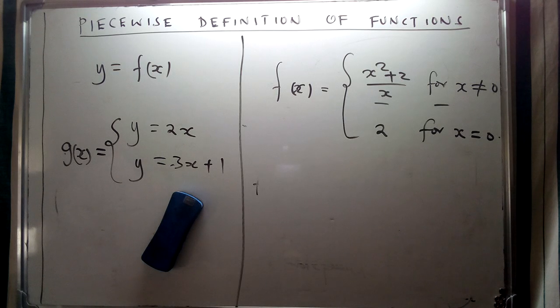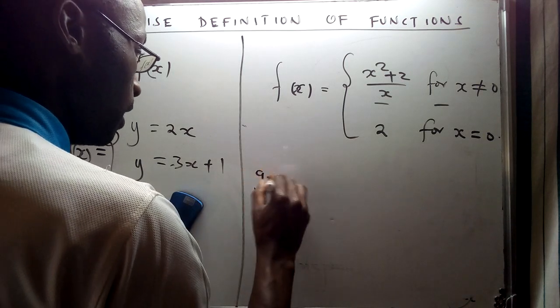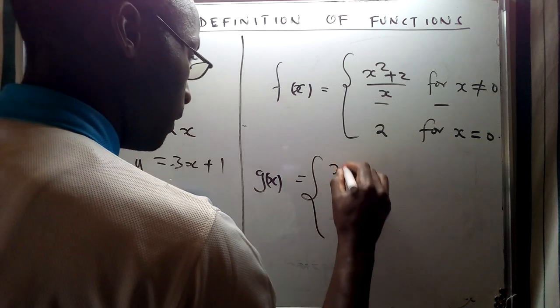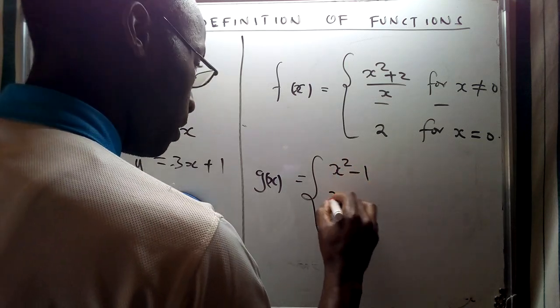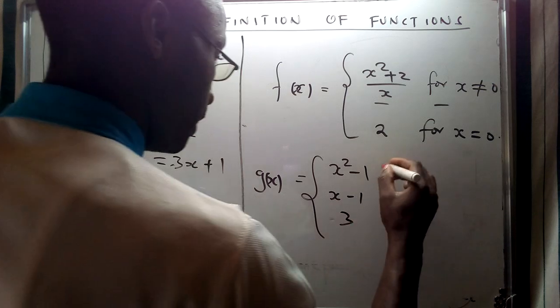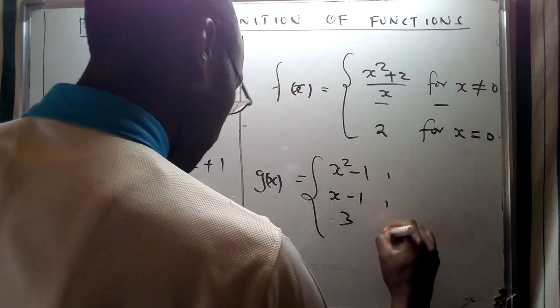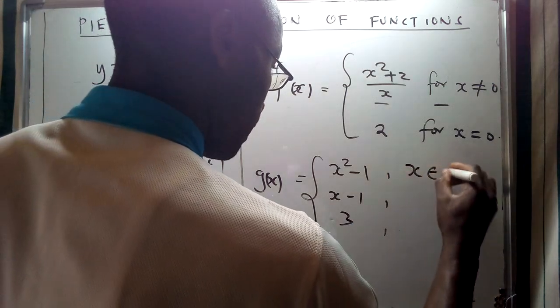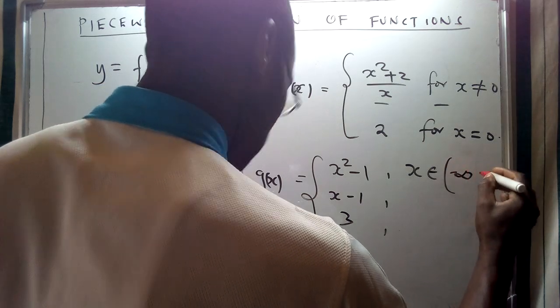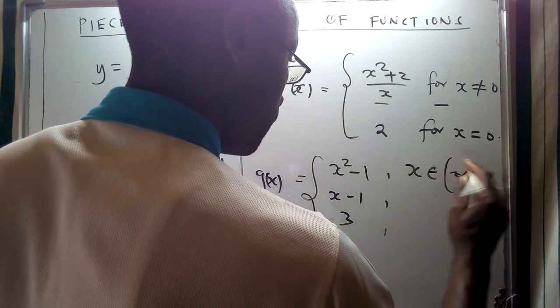So suppose I have one of the equations that I'm going to write on the board. I can give this one as g of x, a piecewise defined function, stretching between equations, x minus 1, and then lastly we're going to have their specific ranges given. x is a set of values between open negative infinity and 0.